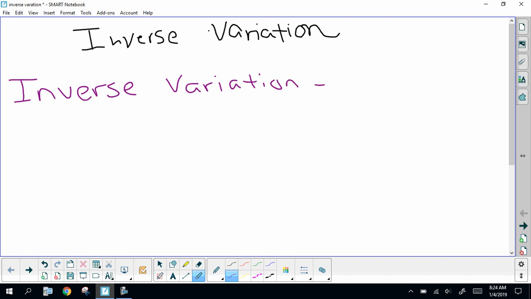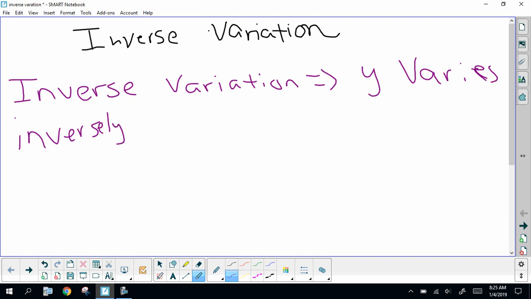It is a situation that says y varies inversely to x. That basically means that y is going to change in an inverse manner to x, okay?